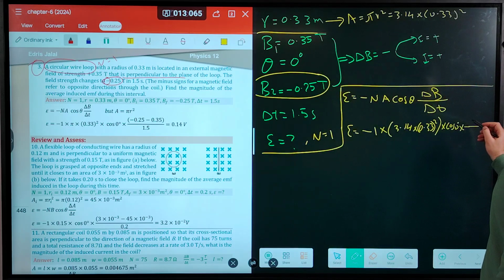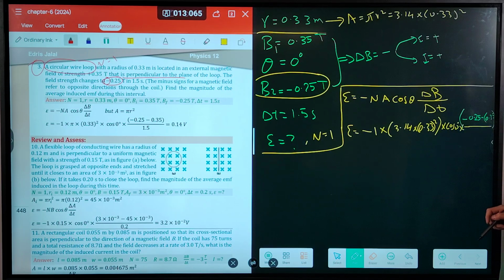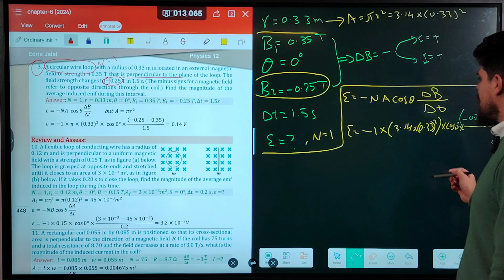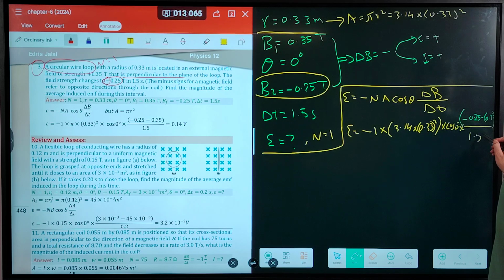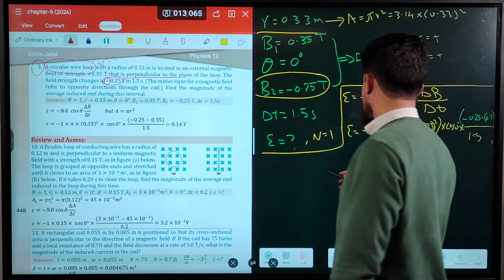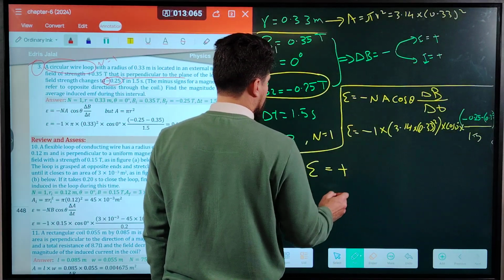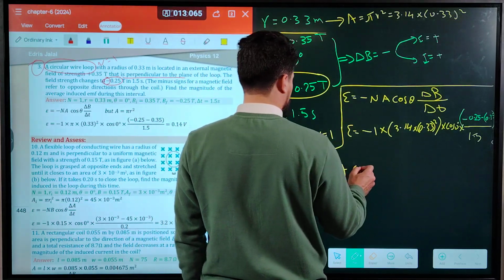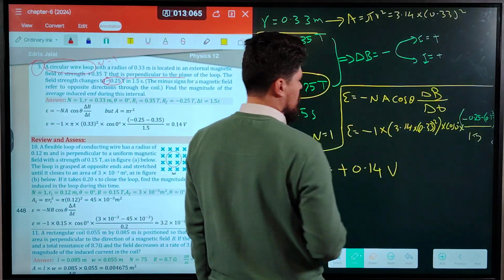B2 negative 0.25 minus B1, 0.35. So by calculator, negative 0.25 minus 0.35 is equal to negative 0.60, divided by what? Time 1.5. Negative times negative becomes what? Positive. So EMF is positive and is equal to 0.14 volts.